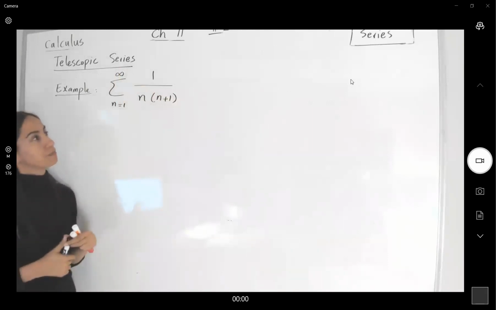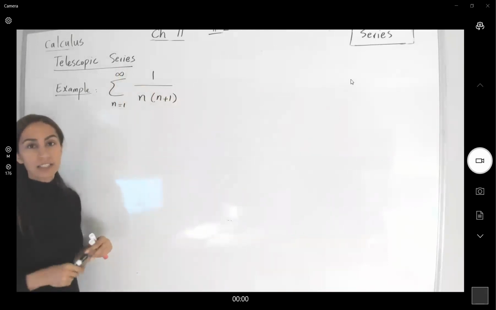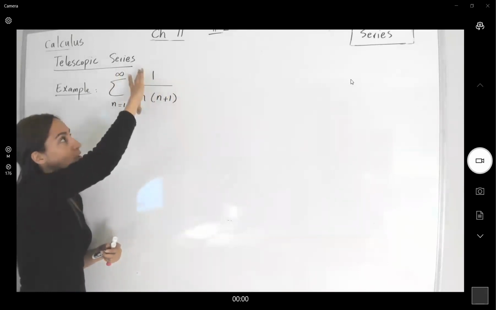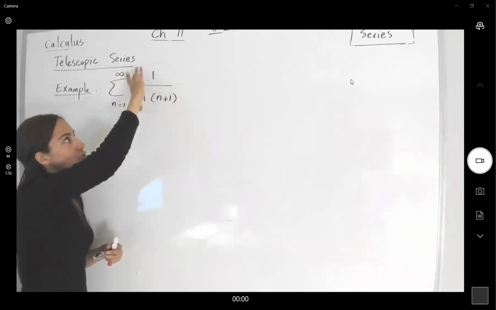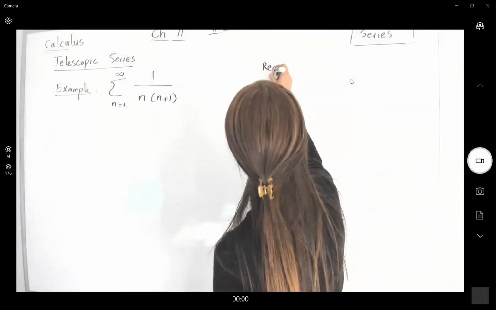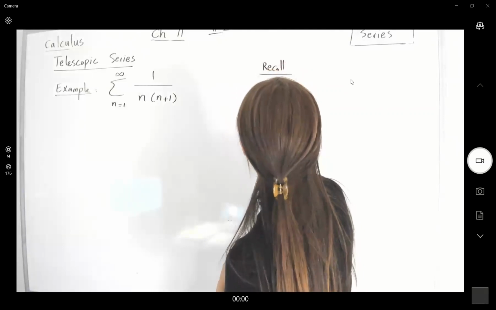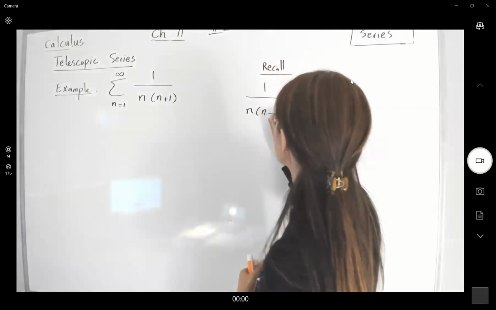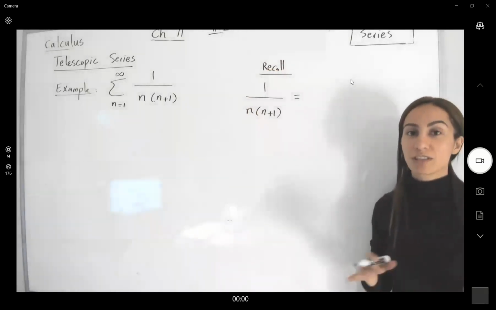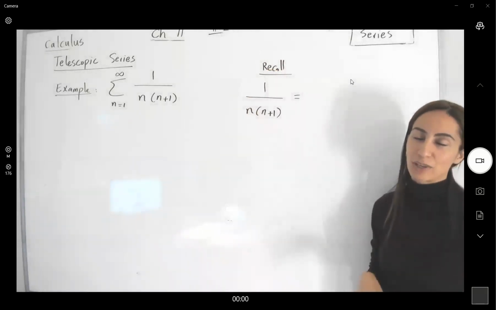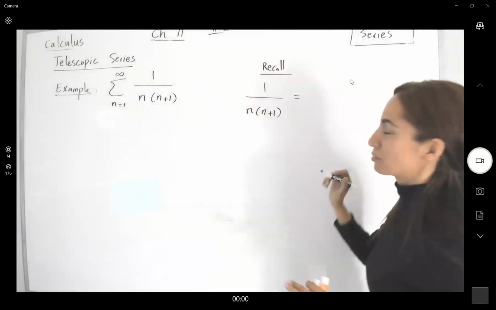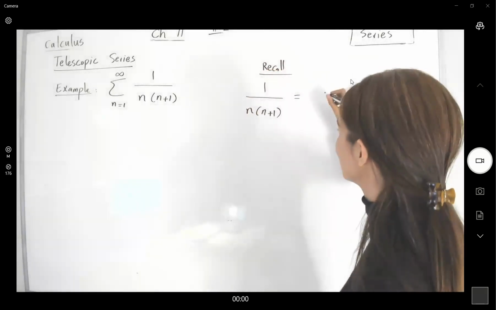Very well. From elementary calculus, you learn that you can use partial fractions to split this. Recall 1 over n times n plus 1 using partial fractions. Guys, partial fractions are going to appear in differential equations as well, so if you need to review those materials, please review them.